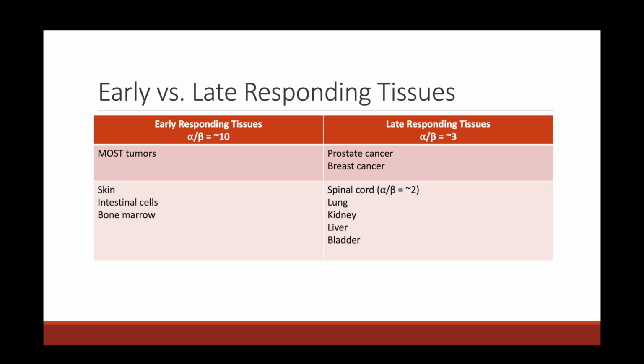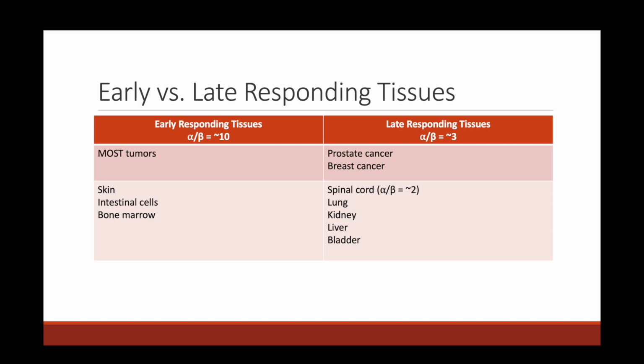Now, one thing to keep in mind is that early versus late responding tissues should not be confused with acute versus late toxicity. Okay, so acute versus late toxicity is different, and all types of tissues can have both acute and late toxicities. Early responding tissues tend to have both acute and late toxicities.